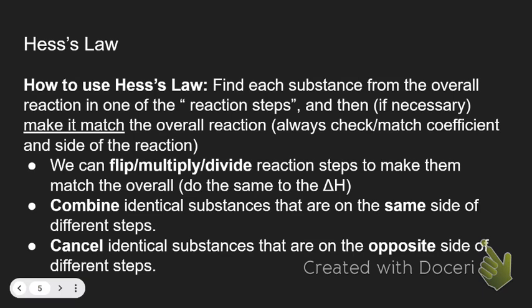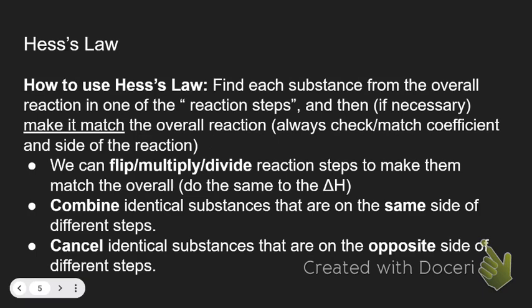So how you're going to use Hess's law, you're going to look at the substances that you have in the overall reaction, okay? And you're going to manipulate your intermediate steps to essentially match the overall reaction. So you can, again, flip the reaction, meaning reverse it.